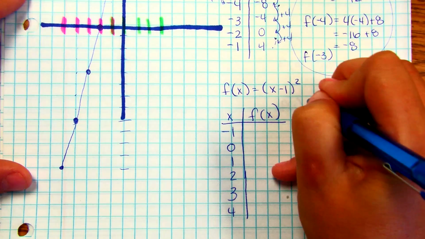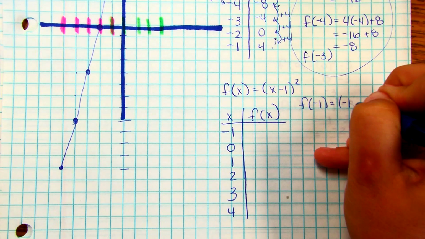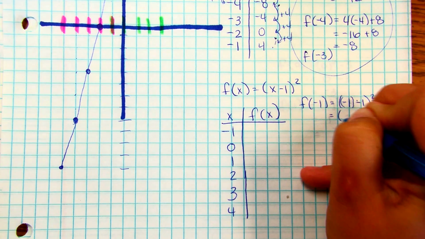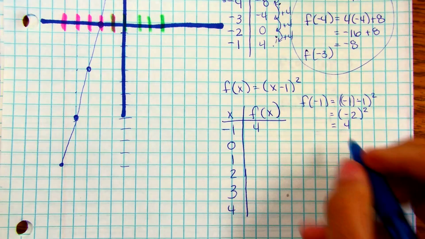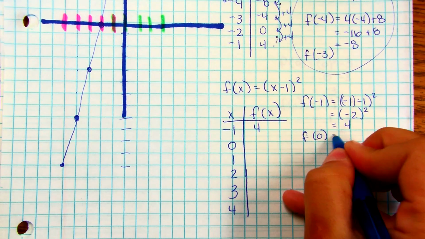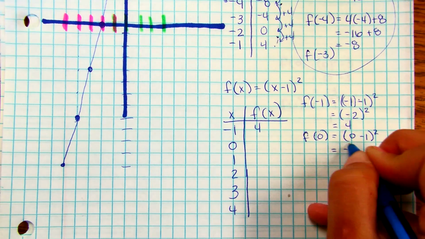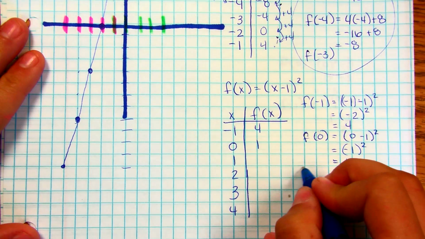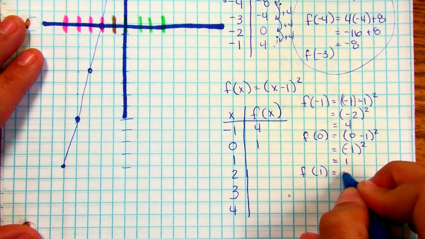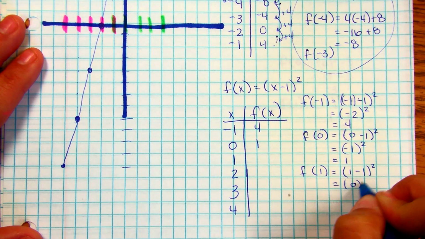So f of -1 would be -1 minus 1 squared, which is -2 squared, which is 4. F of 0 is 0 minus 1 squared, -1 squared, which is 1. F of 1, 1 minus 1 squared, 1 minus 1 is 0, and 0 squared is 0.